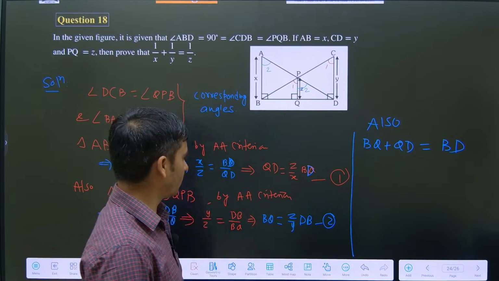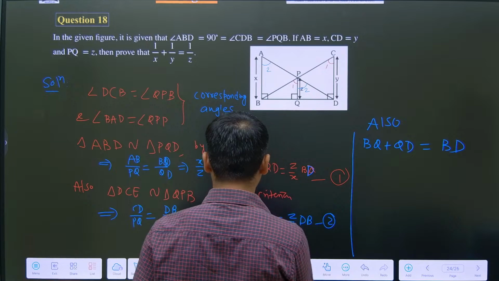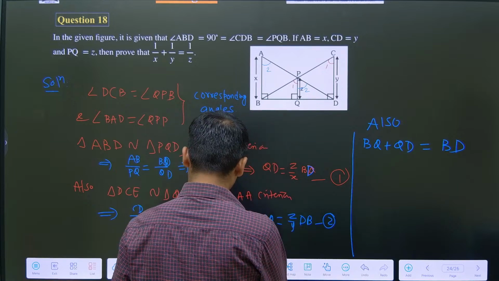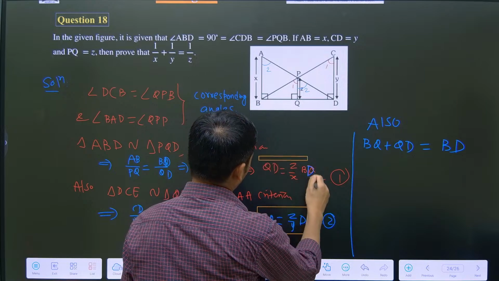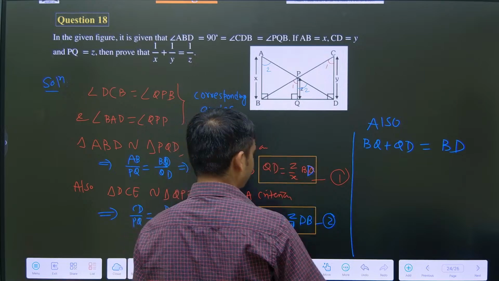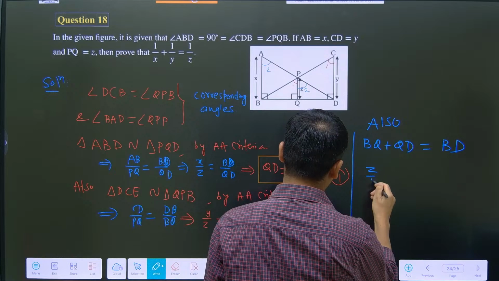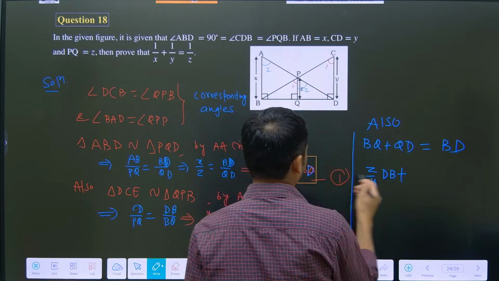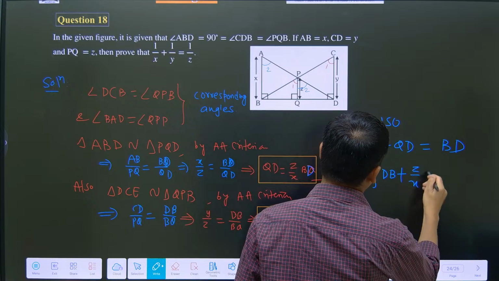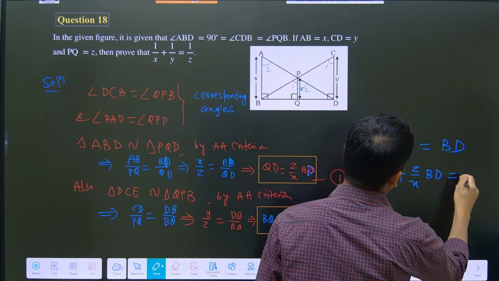Do not skip, bacha, please. So BQ we can find from here. We have got BQ from here and from here. Now let's add them. Z upon Y times DB. DB and BD are same actually. And from here it is Z upon X times BD is equal to BD.